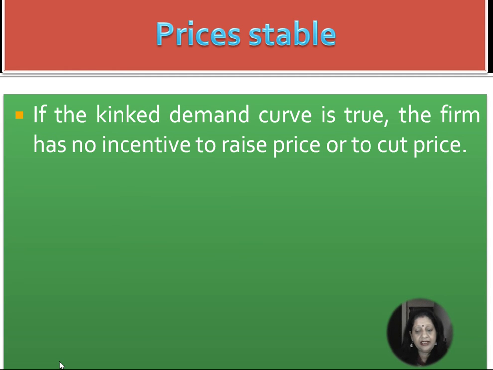That means there is no incentive; it is only the decision of the existing firms whether they want to go for an increase in price, or a decrease in price, or continue with price stability. So it depends on the situation or the current prevailing market situation.